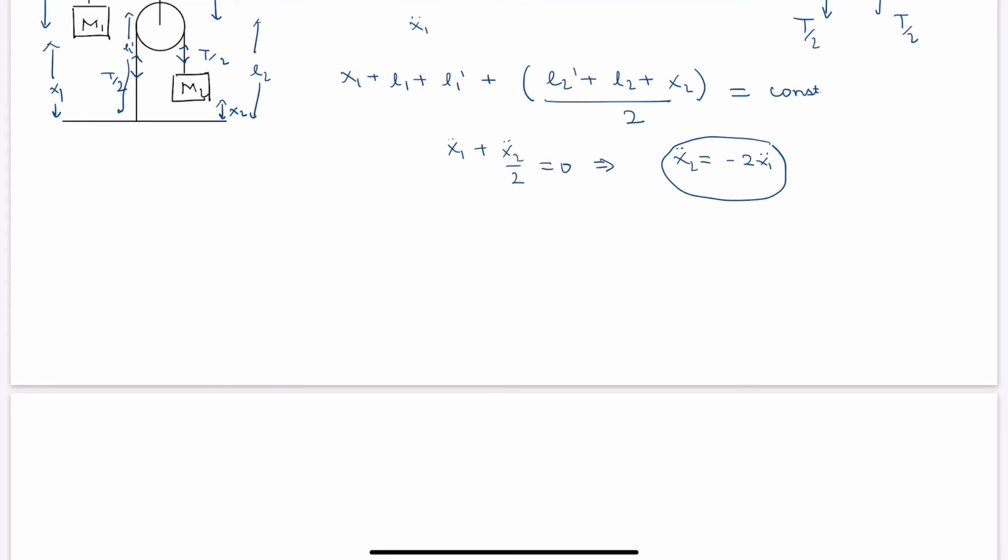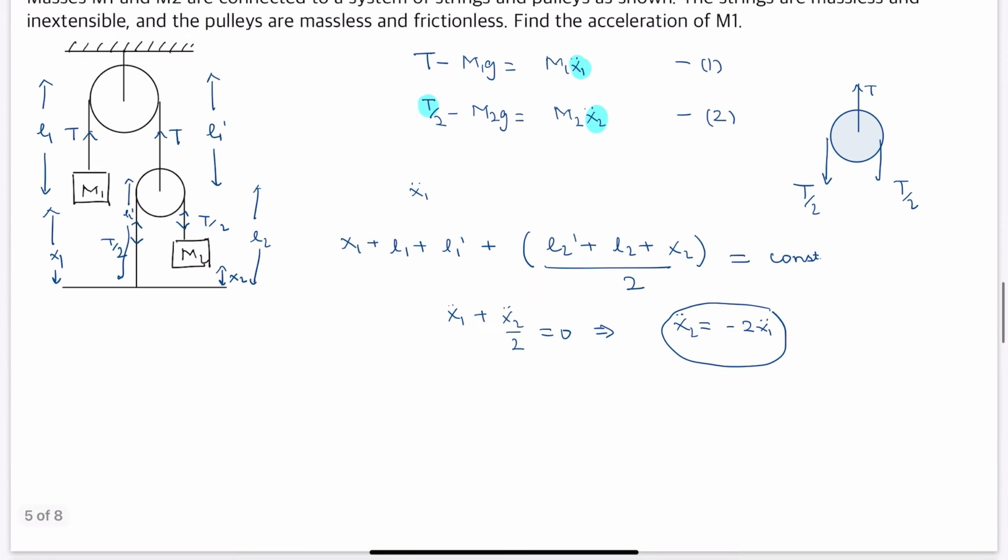And now, okay, so many of you might be thinking, why have I written this equation like this? Because most of you are used to writing it like, okay, let's say m2g is greater than T by 2, so I should write it as m2g minus T by 2 equals m2 x2 double dot, right?